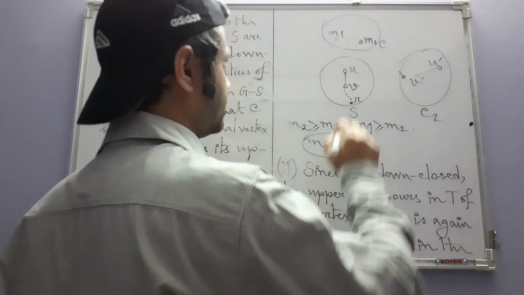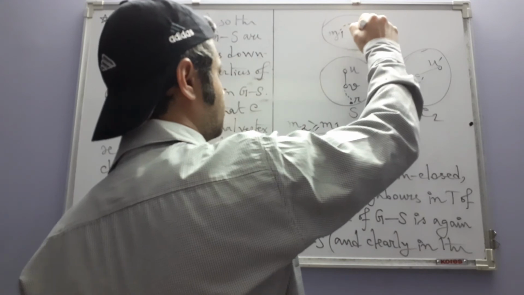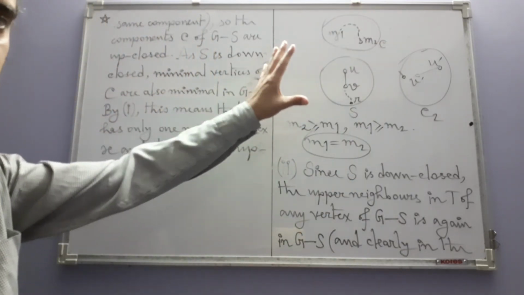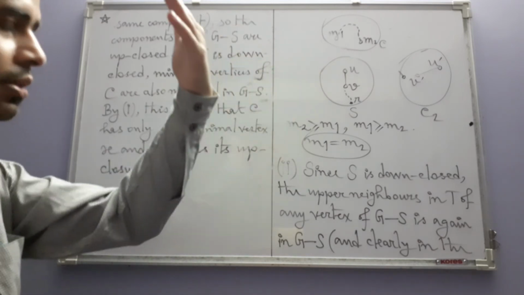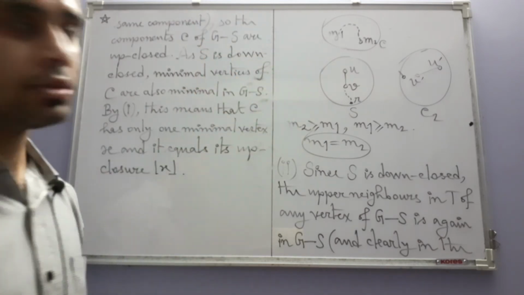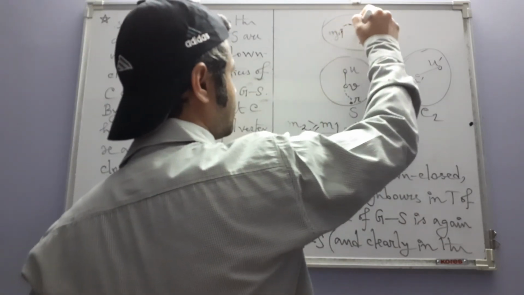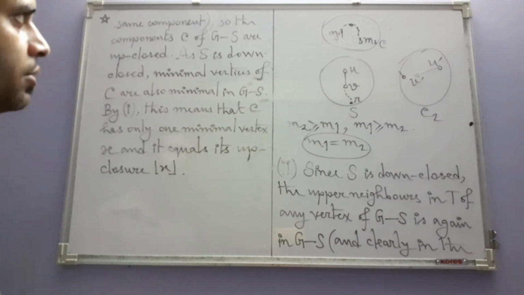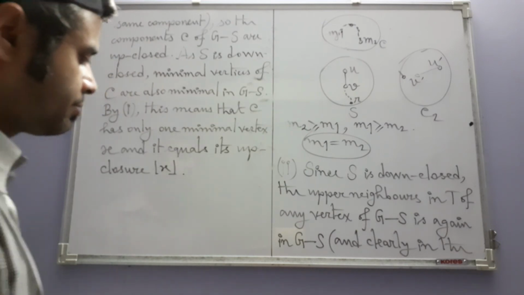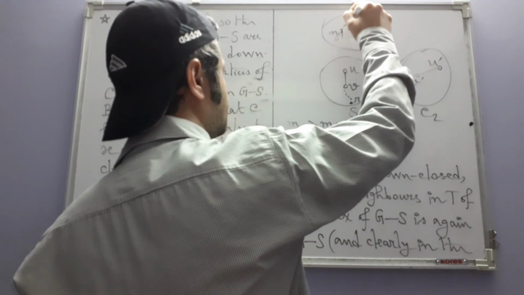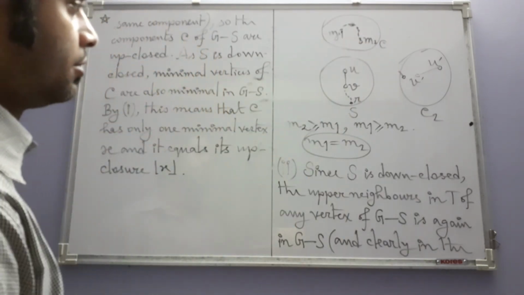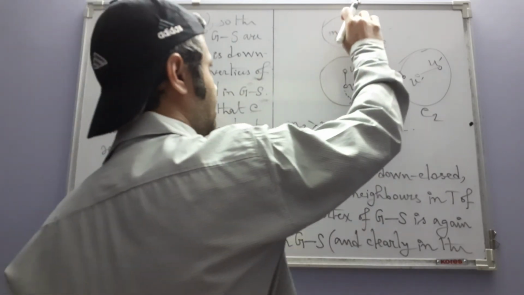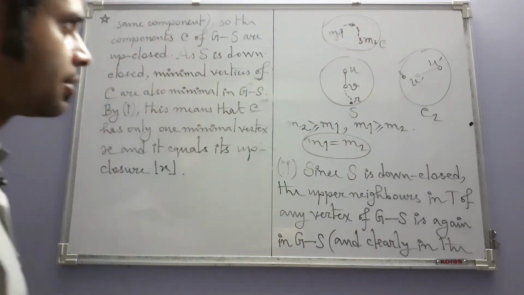If they are not adjacent, then they are joined by some sort of path in C itself, okay, because C is a component that we have after removing S. So that's why we have a path like this which has at least one inner vertex. Now that inner vertex we in fact cannot have at a higher level than these things.